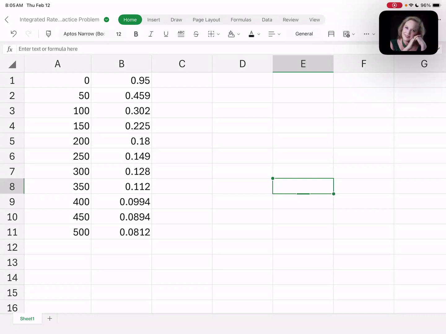Now, once we know the order of the component, we can use the equations for the linear line, so y equals mx plus b. There's some information that you can obtain from the equation for that linear line. One piece of information is the rate constant.